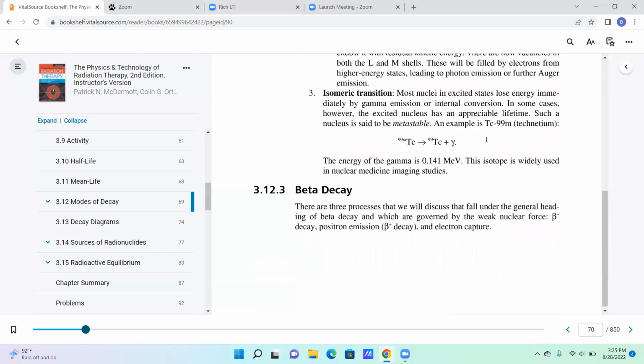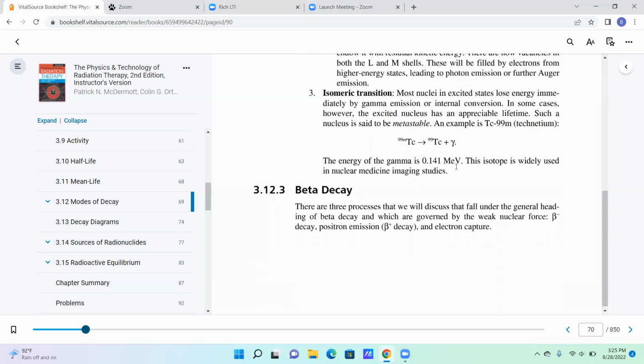And then you've got isomeric transition. Most nuclei in excited states lose energy immediately by gamma emission or internal conversion, but in some cases, the excited nucleus has an appreciable lifetime. Such a nucleus is said to be metastable, in other words, technetium-99m.